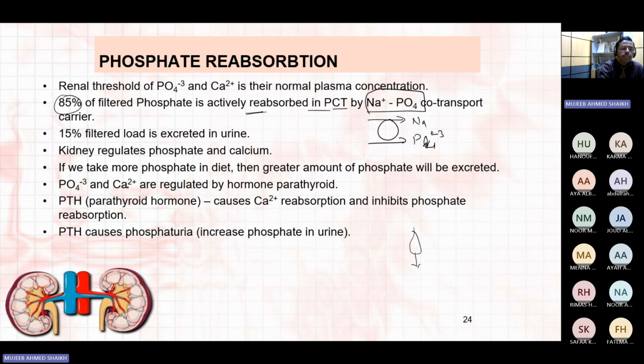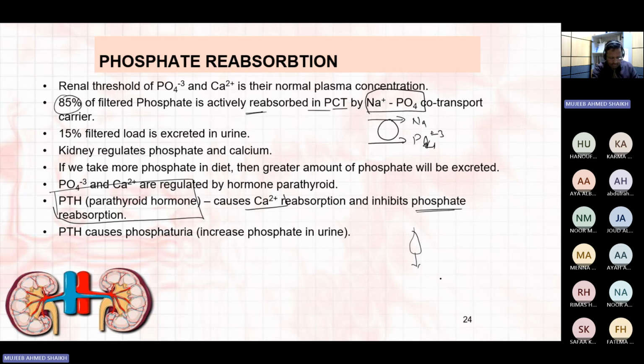The phosphate reabsorption is under control of parathyroid hormone. Calcium and phosphate are regulated by parathyroid hormone. So parathyroid hormone causes reabsorption of calcium and inhibits phosphate reabsorption. Sorry, I told you in a different way.